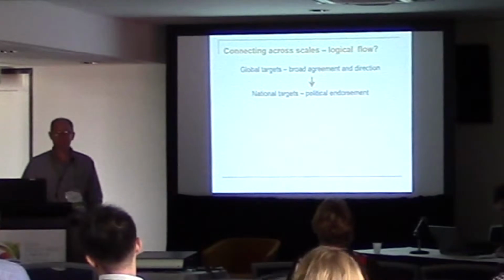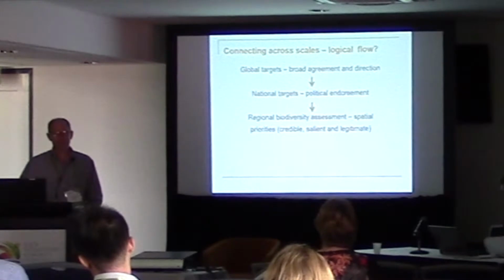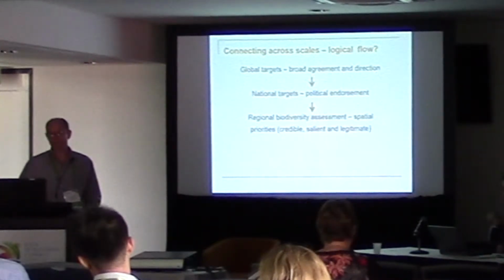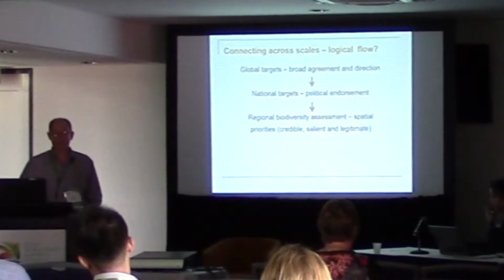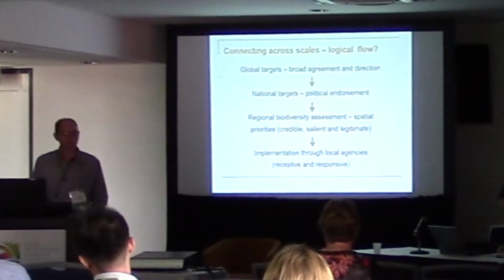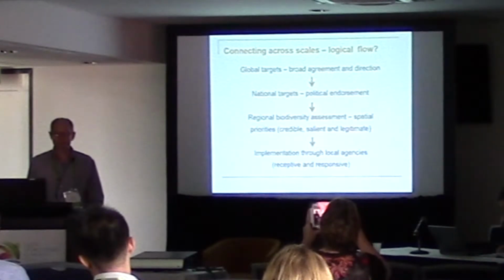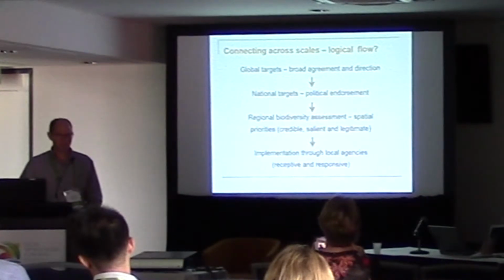A further bonus is political endorsement at a national scale, and if you can convert those targets into spatial priorities, and even further if those spatial priorities are perceived with a degree of credibility and salience and legitimacy in a particular country. And then those spatial targets need an implementation agent that's receptive and responsive and that can allocate resources and make something happen. So we're going to look at a South African case study, go through those steps very briefly, and then I want to conclude with 4 take-home messages for you.